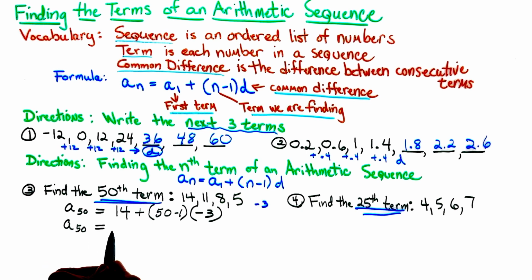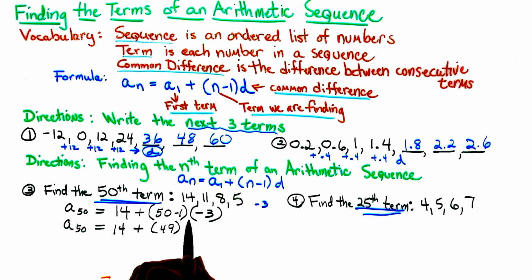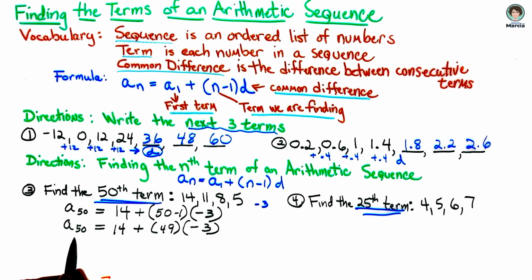So I'm going to do equals 14 plus, we know 50 minus 1 is 49, and we're going to have to multiply that 49 by a -3. And so again, I'm writing this out. Oops, this should be a 50, not just an n, is equal to 14. And when I multiply this out, I actually end up getting a -147.